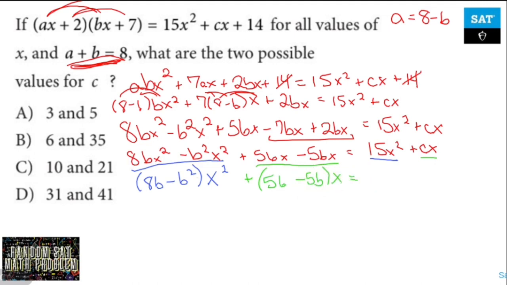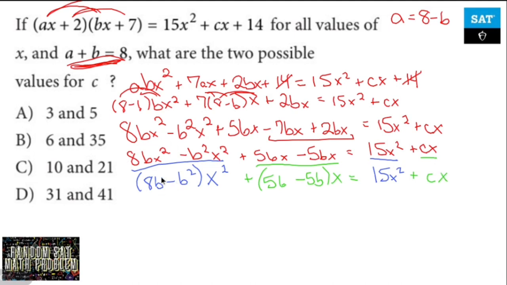Now, what I have on the right side is I have 15x squared, and I have cx. So again, this is how I approached it. Maybe it's not the best way ever.